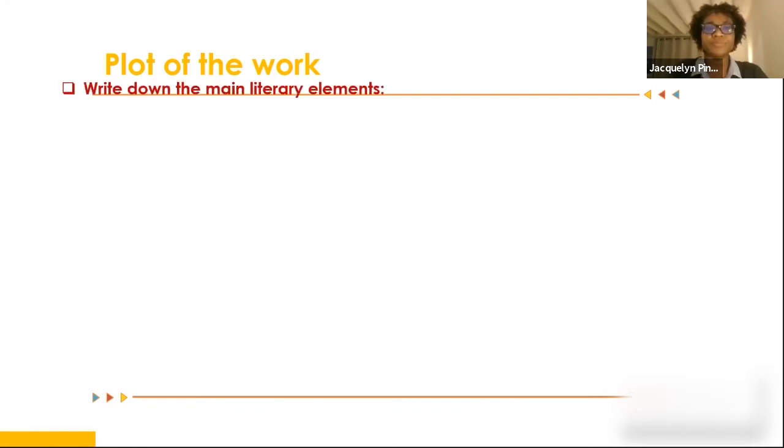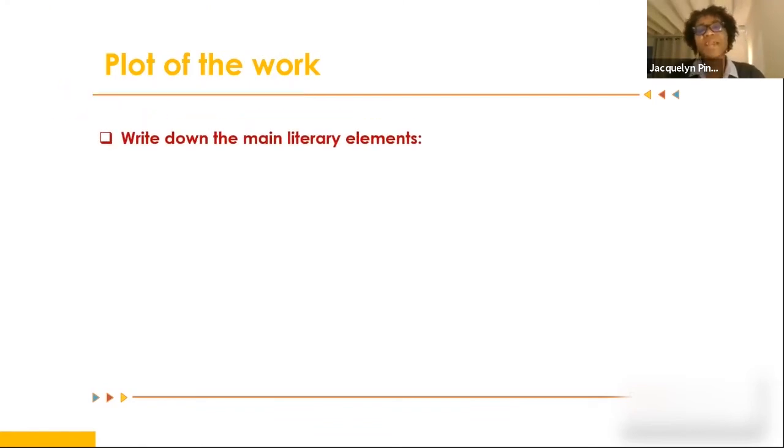Plot of the work. So write down the main literary elements. So this is just in general. This isn't like, Ms. Pinckney, I don't have time during the test. But this is just as you are practicing and reading other pieces, articles and things like that.